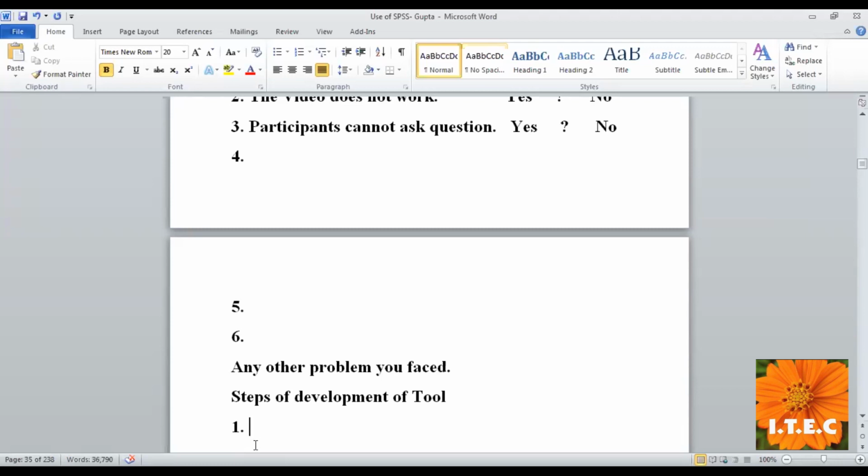And it is called the operational definition of the variable. So the first step is the operational definition of the variable for which the tool is being developed.